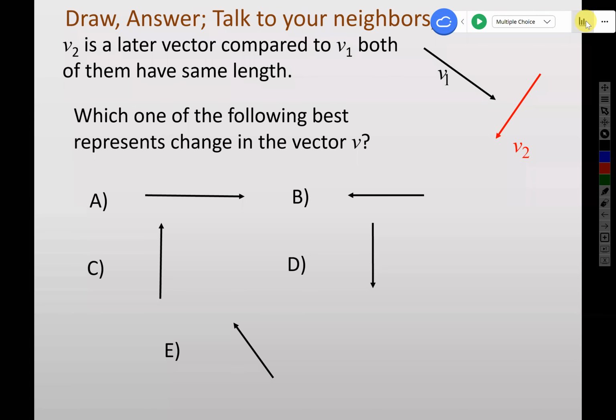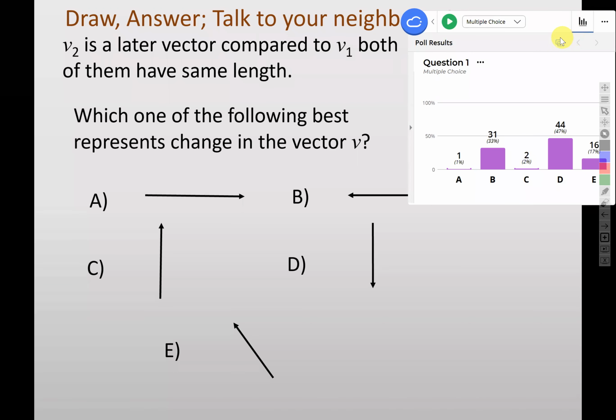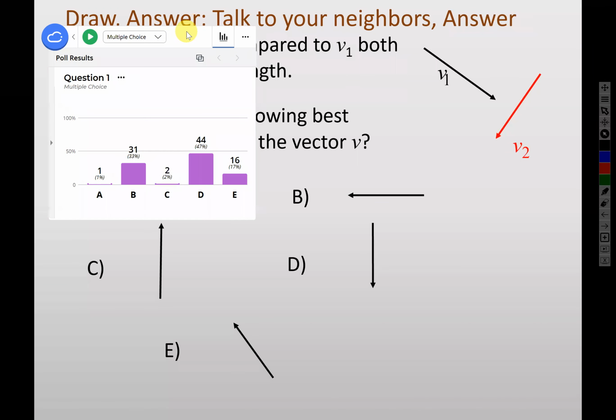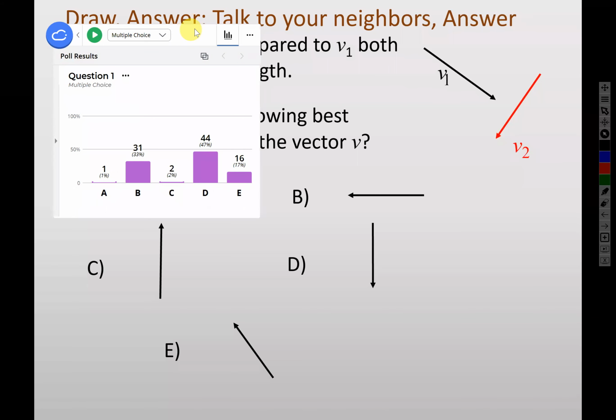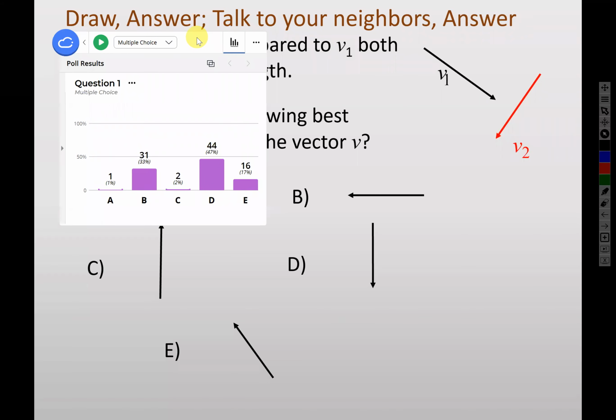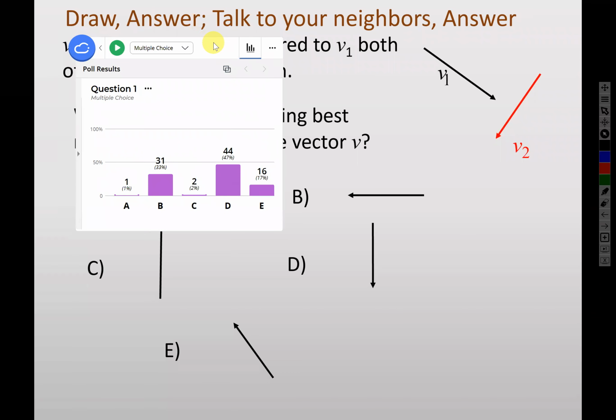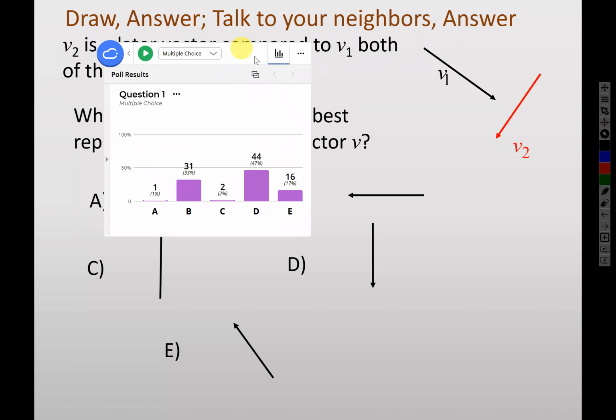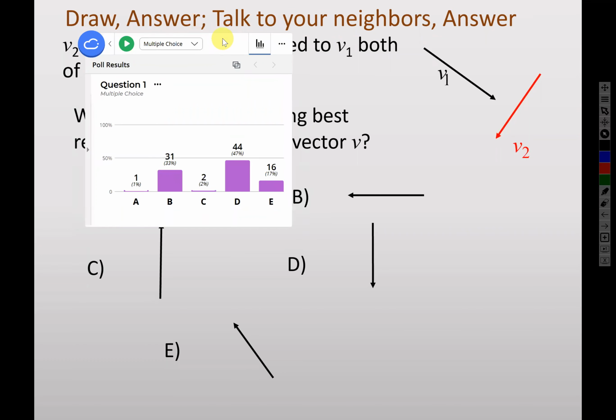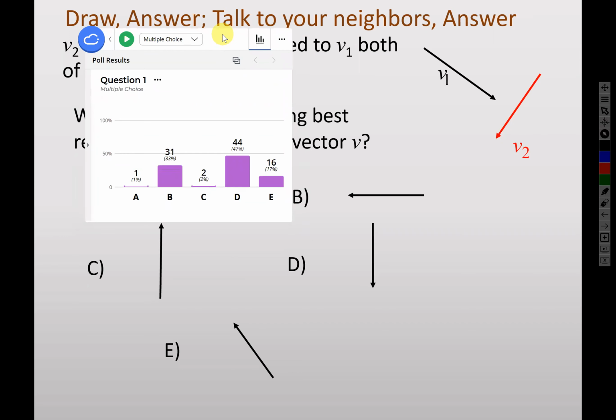Okay, let's see how did we do. Oh no. No matter what it is, quite a few of them are incorrect. So what I'm going to do is send you to the breakout room and you figure that out among yourselves and I'll redo the polling, okay?